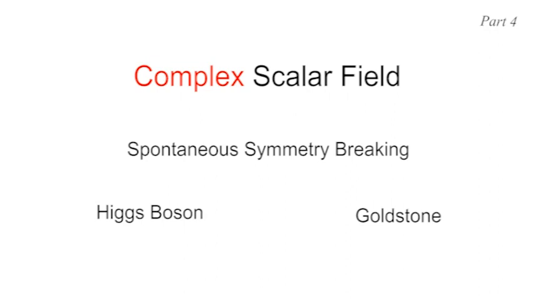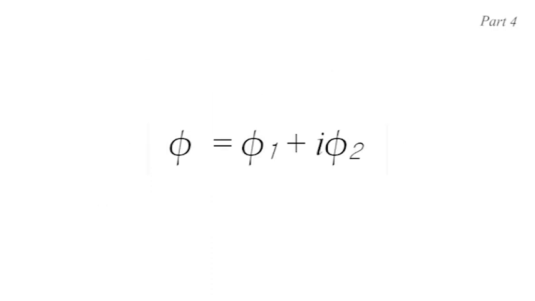The complication which we need to add, which we'll deal with in the next video, is the fact that the simple singlet complex field that we've been working with, phi equals phi1 plus i phi2, is not enough. The Higgs field does not simply contain two components, phi1 and phi2, or if you prefer, omega and rho. Rather, we need to be thinking about a field which has four components, four values at every point in space.